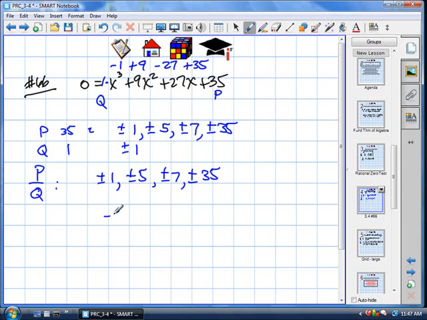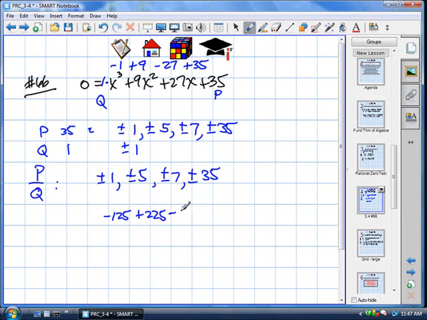Well, 5 squared is 25, and 25 times 5 is 125. So that would be a negative 125. Okay. Now, 5 squared is 25, and what's 25 times 9? 225. Now, what's negative 5 times 27?